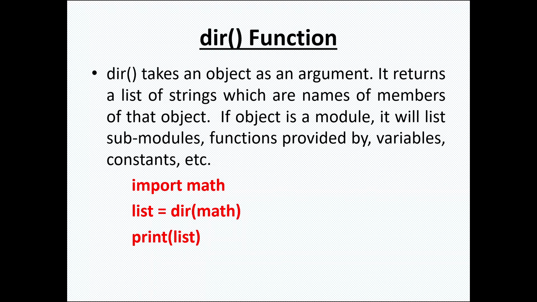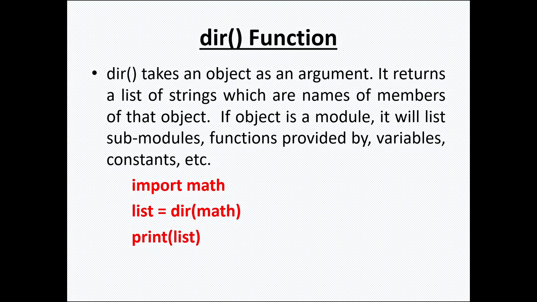Next one, dir function. dir takes an object as an argument. It returns a list of strings which are names of members of that object. If the object is a module, it will list submodules, functions, variables, constants, etc. Here we use the module math.